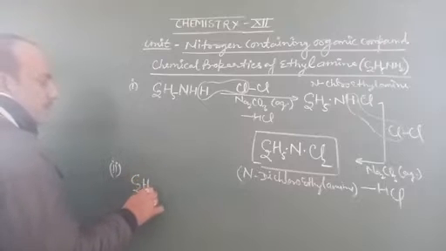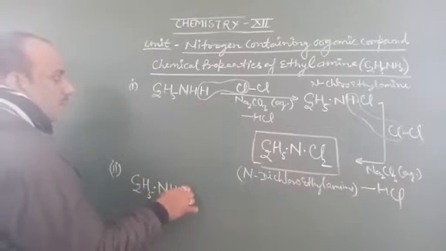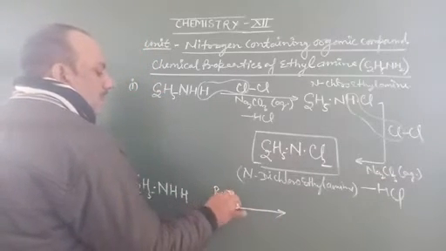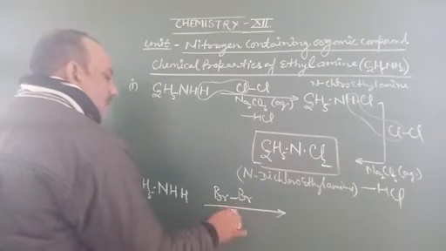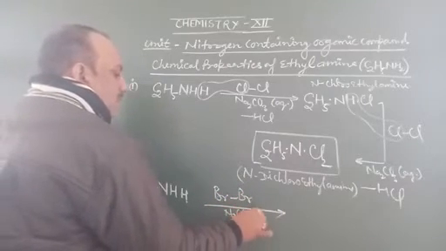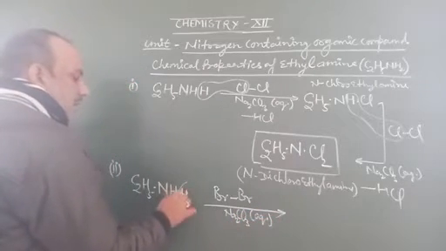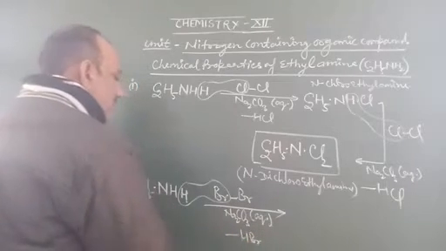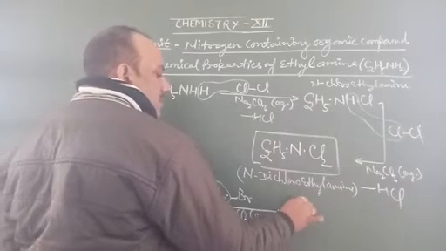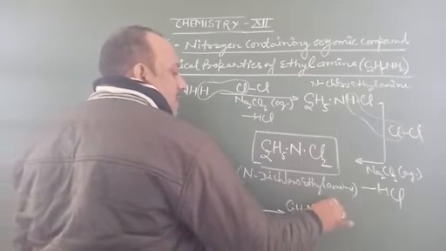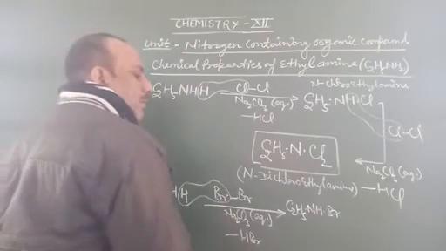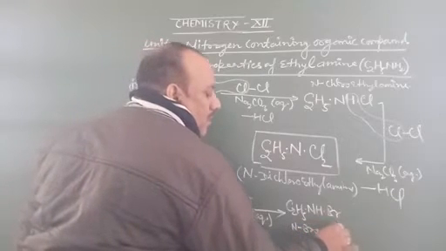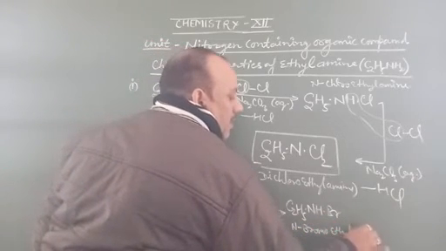So C2H5NH2 reacts with bromine in the presence of aqueous Na2CO3, and hydrogen is subtracted by a bromine atom to form hydrogen bromide and makes C2H5NHBr. It is known as N-bromoethylamine.